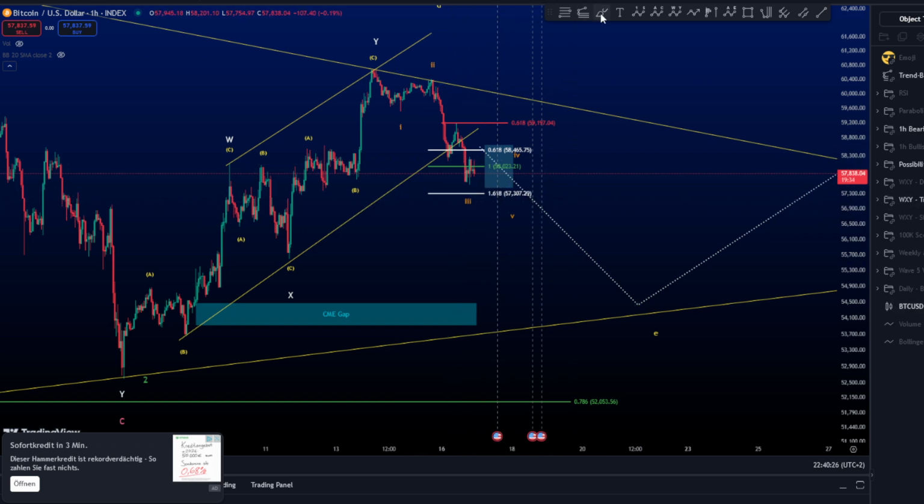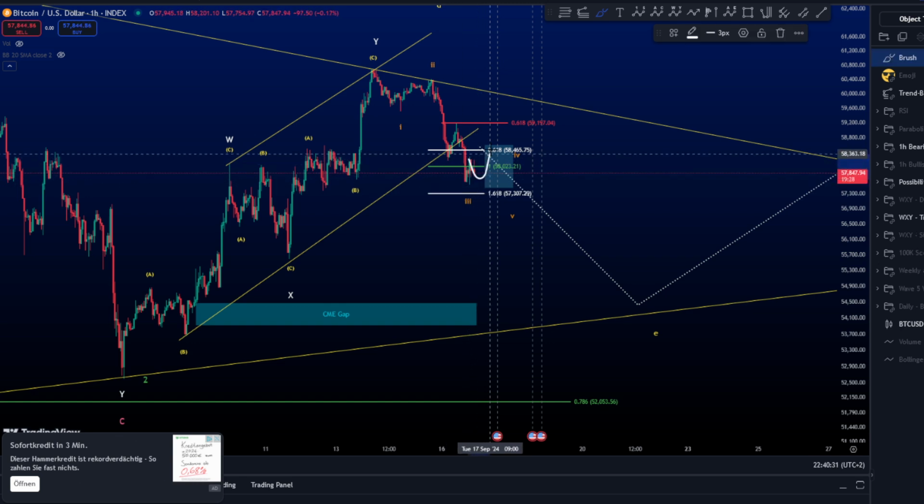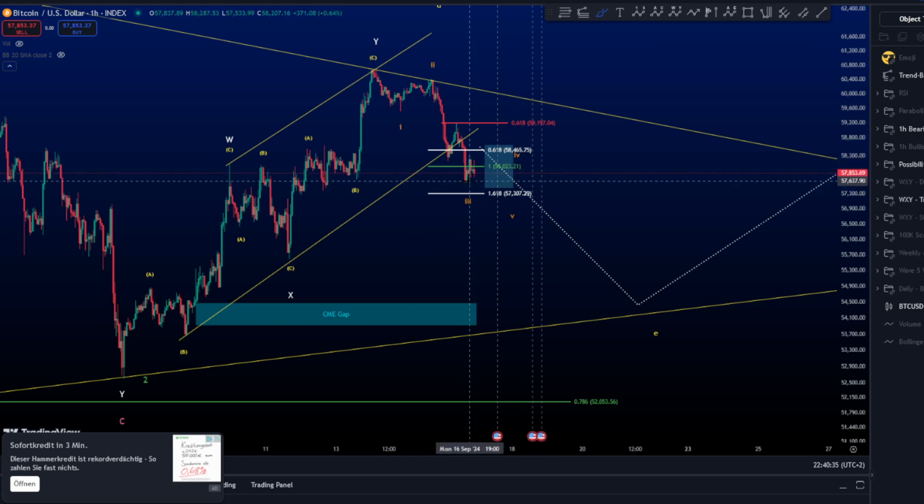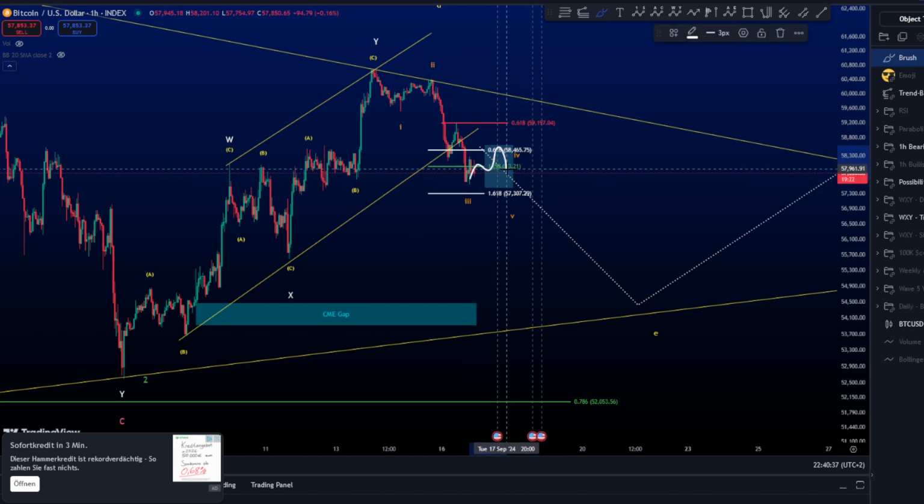However, what we are expecting now is, of course, lower prices after some retracement, some range happening here, an ABC. Of course, it can be any flat, any zigzag, any type of flat or WXY, and then finishing this wave 5.